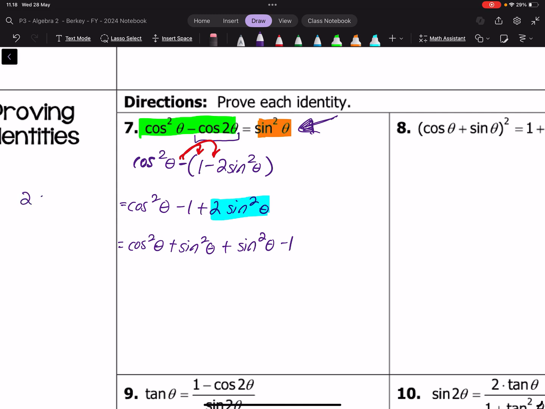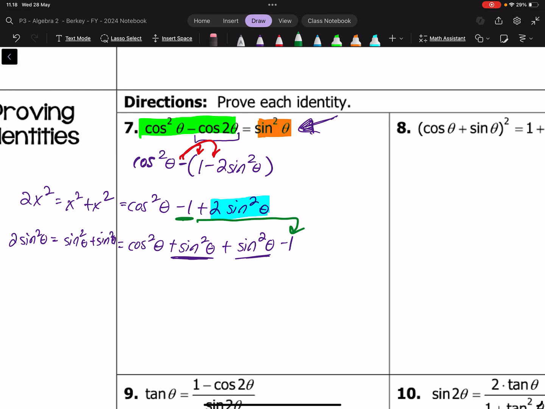That's like saying 2x squared and splitting it into x squared plus x squared, right? So I took 2 sine squared theta and I split it into sine squared plus sine squared, okay? And I took 1 sine squared and put it here, and the other sine squared and put it here. Then I took that minus 1 and I just moved it out here. I can do that, it's fine.